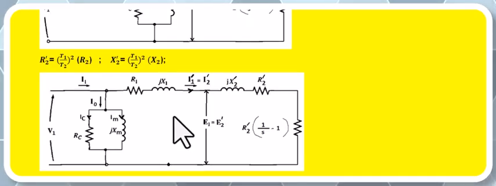Then the equivalent circuit will become like this. This circuit is valid only for high rating three-phase induction motors, and this is called the approximate equivalent circuit.